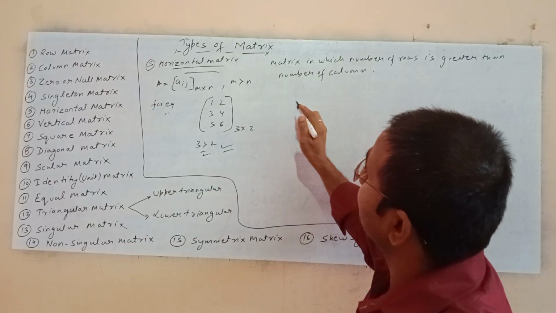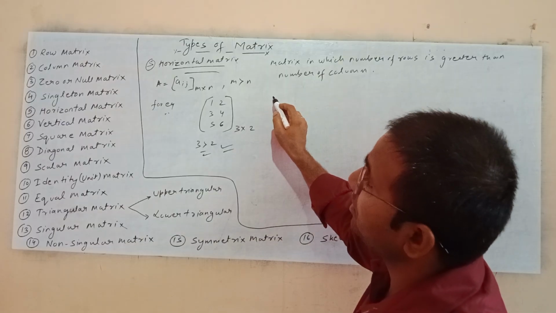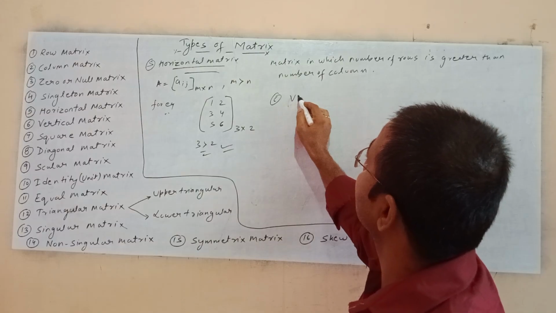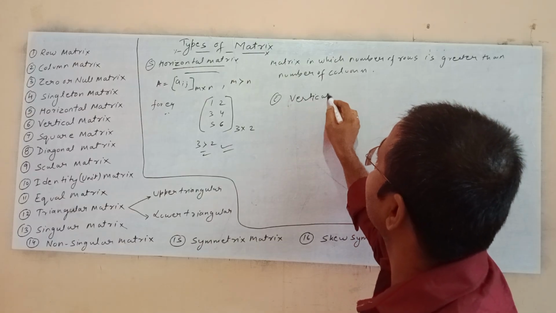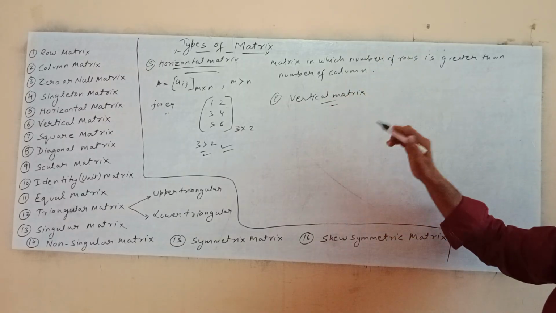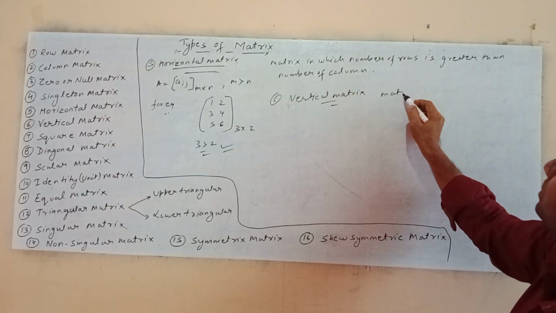Now see the next one, vertical matrix. A vertical matrix is just the opposite of this matrix.